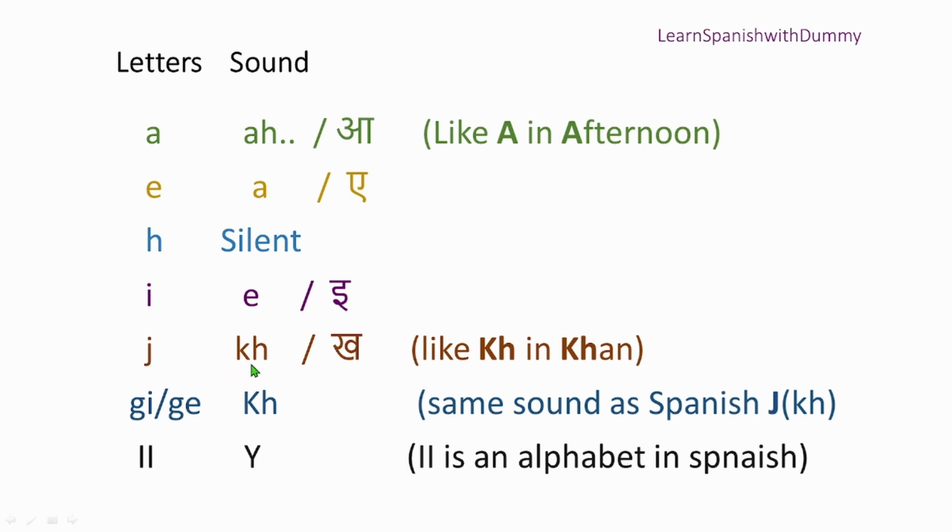Like we can get some example. The word joker, the Spaniard says "khoker". Where is khoker? I love to see khoker, because J is kh, so he makes that sound.